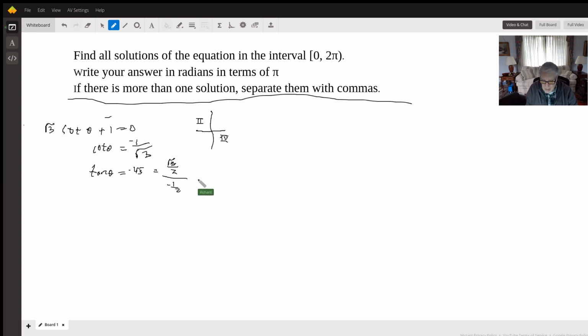And that happens to be the coordinate for 2 pi over 3. So this is going to give you theta equals 2 pi over 3. And that's because the sine of 2 pi over 3 is root 3 over 2, and the cosine is negative 1/2. You can see the 2's cancel.